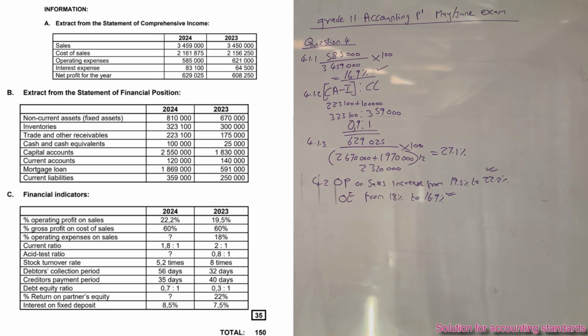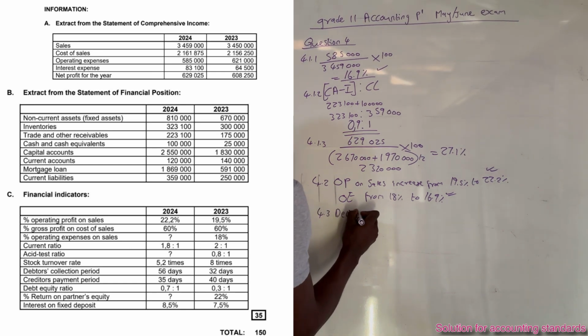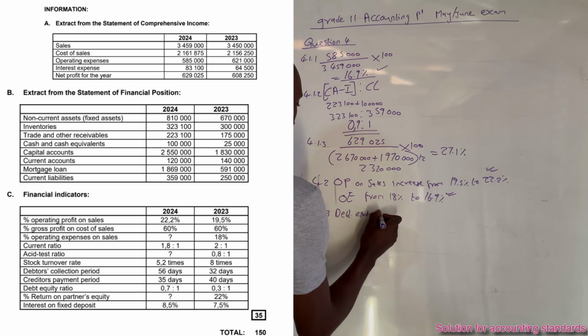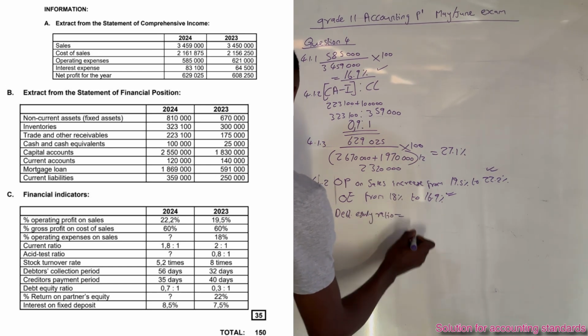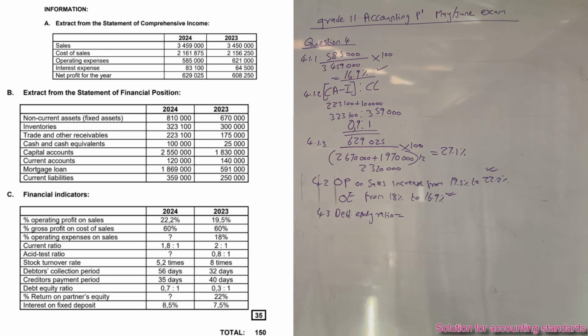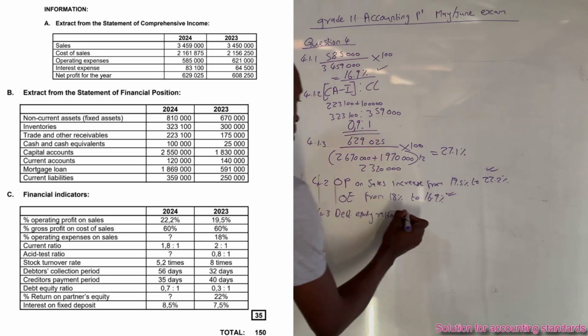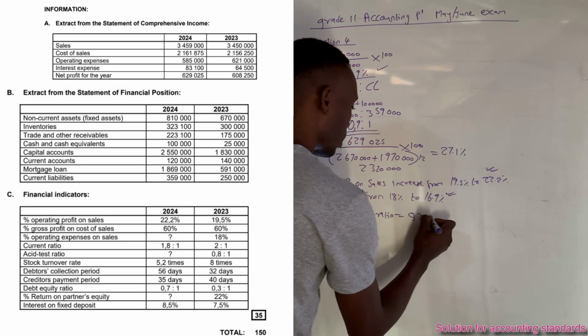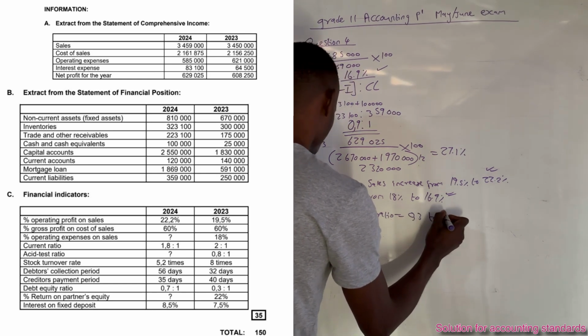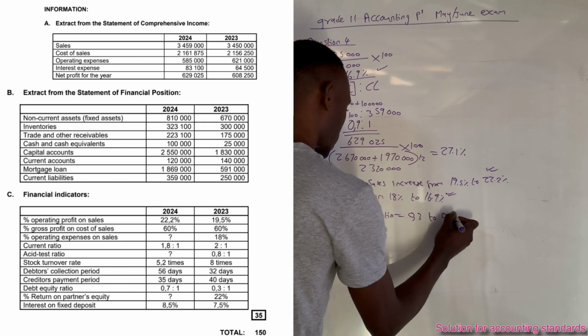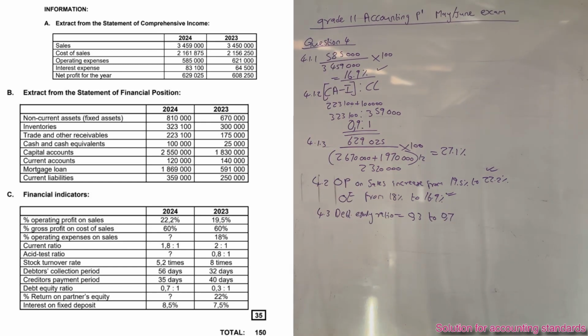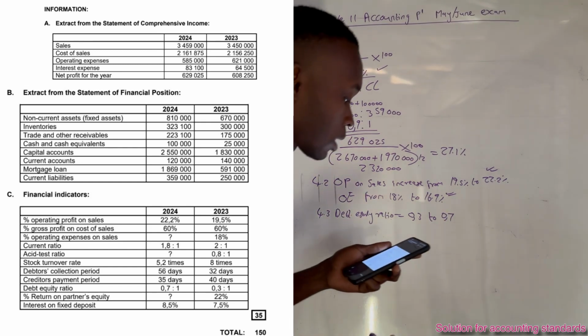Okay, we have to quote the related ratio, guys, which is the debt equity ratio. If you check the debt equity ratio, it was 0.3 and it has increased to 0.7. Guys, this is increasing the risk of the business.